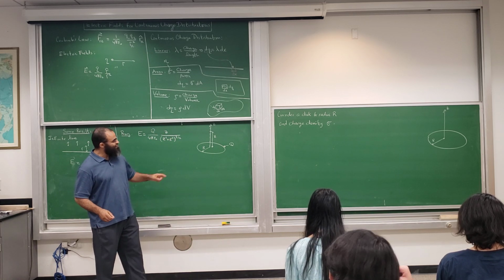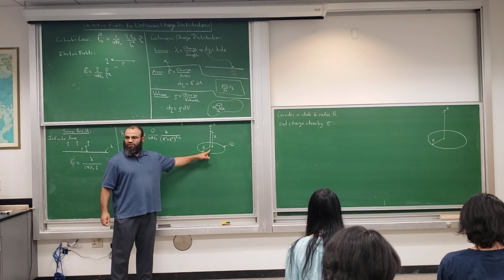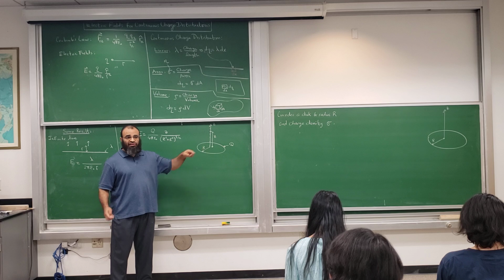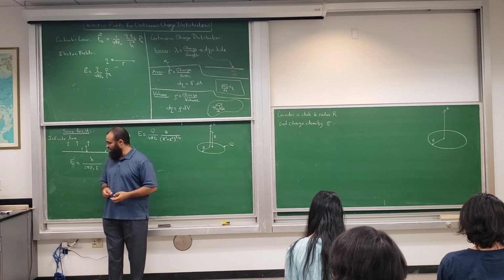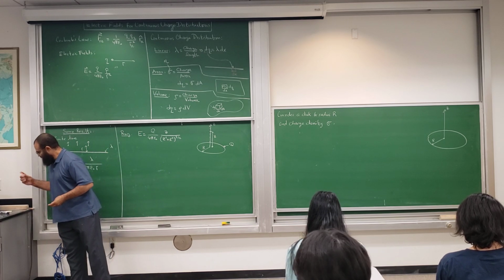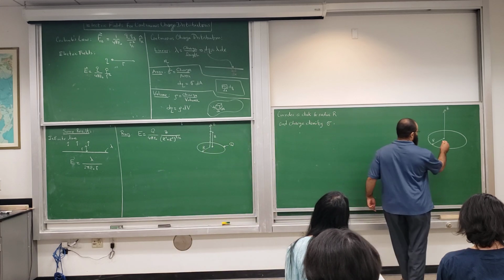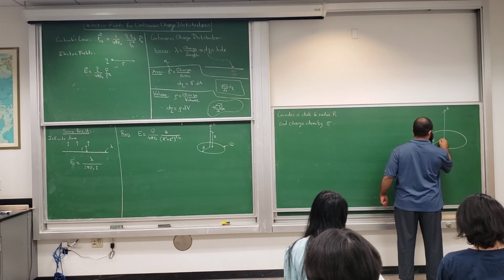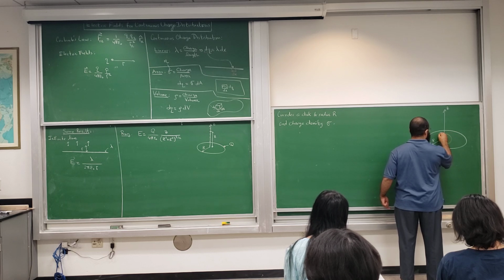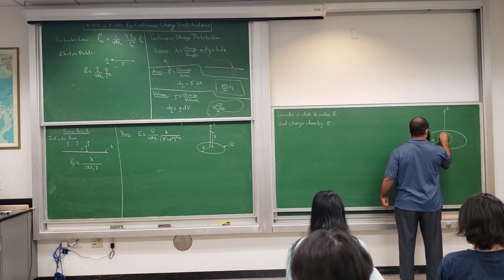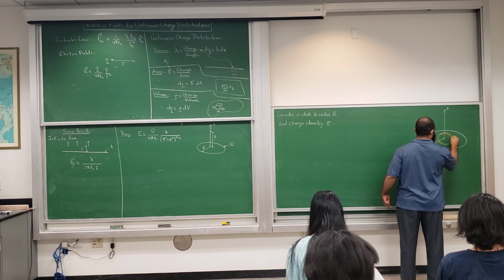So the idea is this. We know the electric field for a ring. And we're going to say our disk has many rings. It is made of many concentric rings. Let's take a ring here. This ring will have a little thickness or a little width.